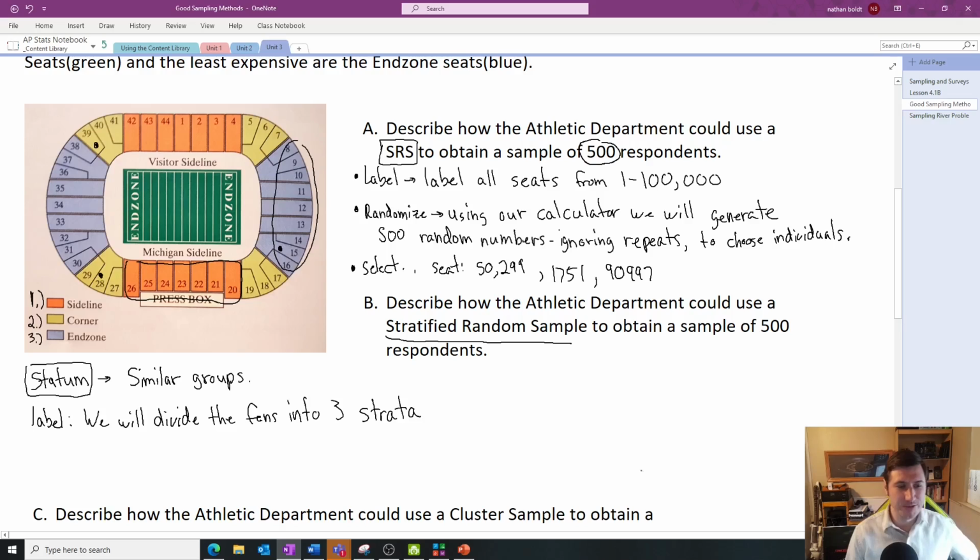We will divide the fans into 3 strata by, I might just say ticket price: sideline, corner, and end zone.